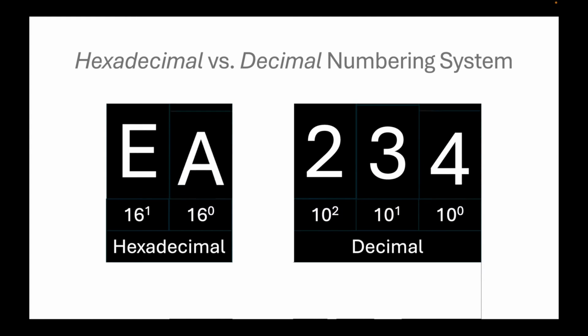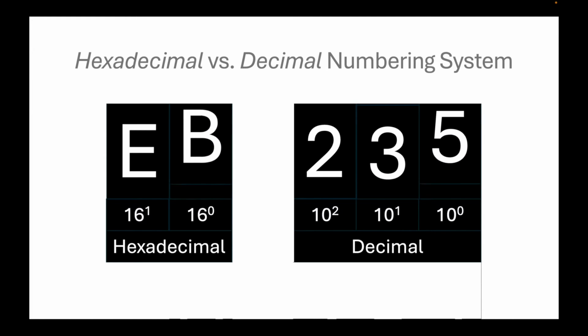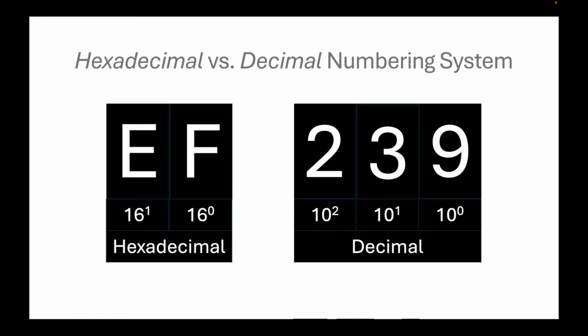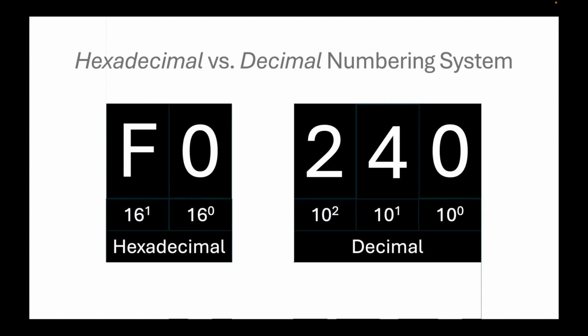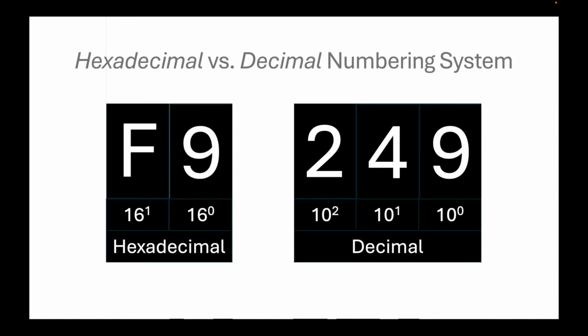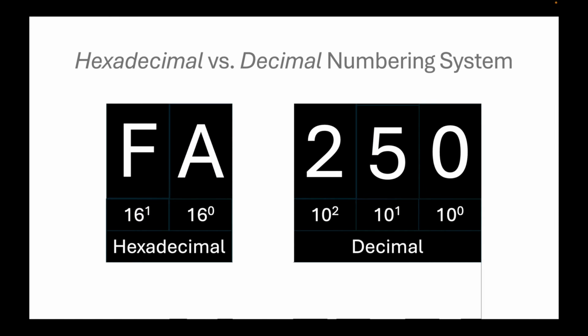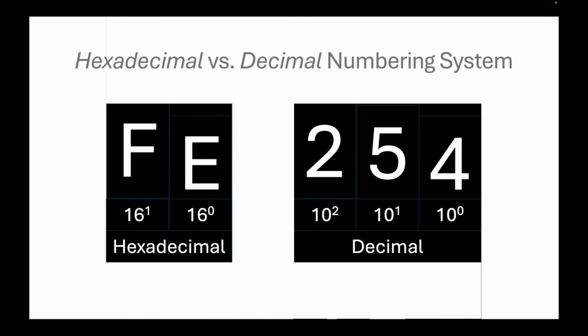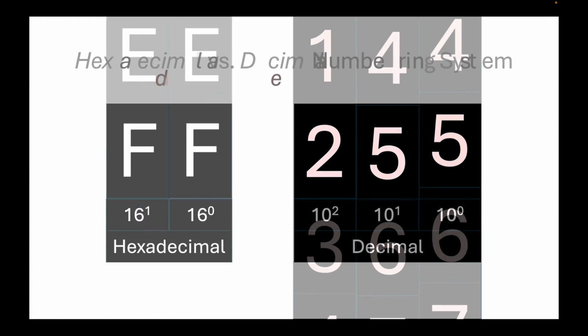Our counting between 0 and 255 is almost coming to an end. The maximum value for each of the red, green, and blue colors is 255.